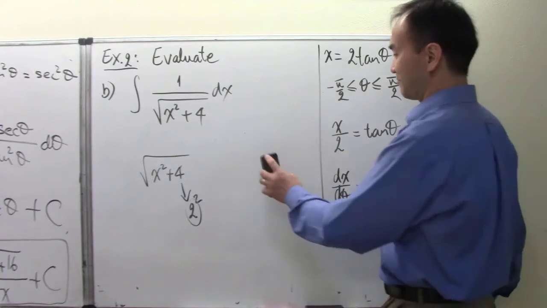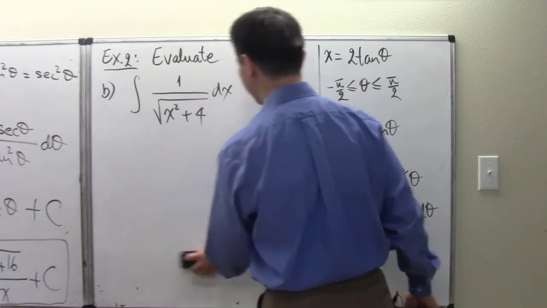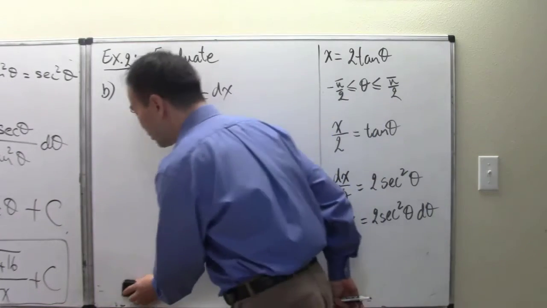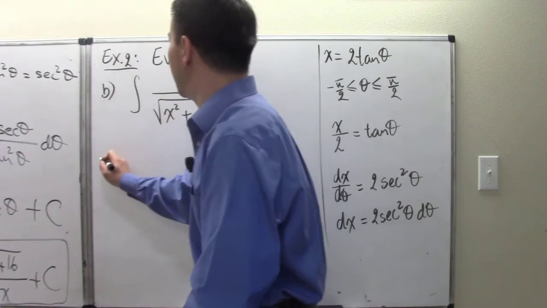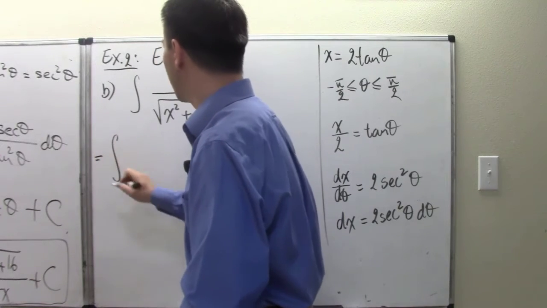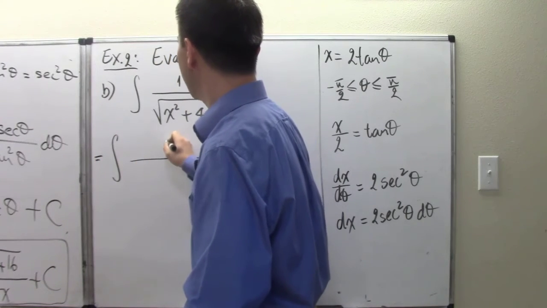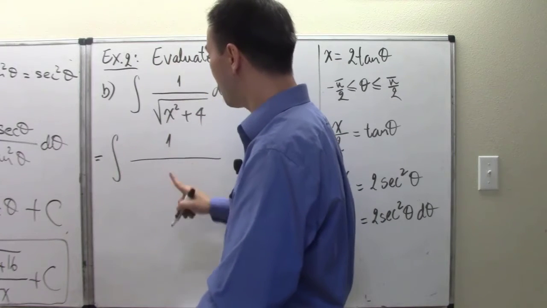So now, here we go. I am ready for putting all the little substitution steps together in place. So the integral, I did not have anything to substitute for 1, so it stays there.